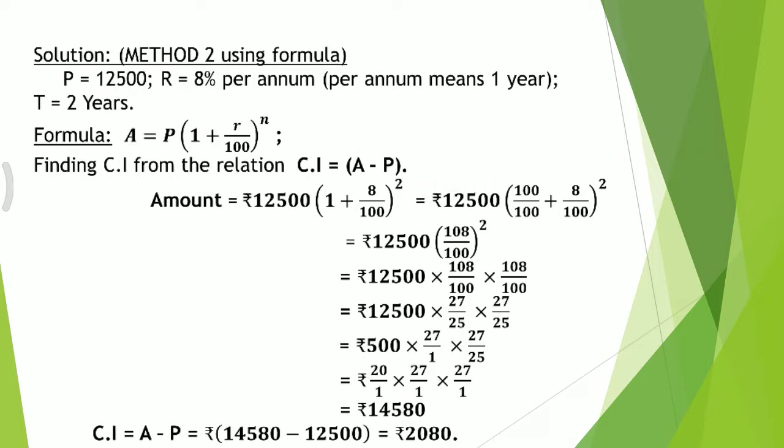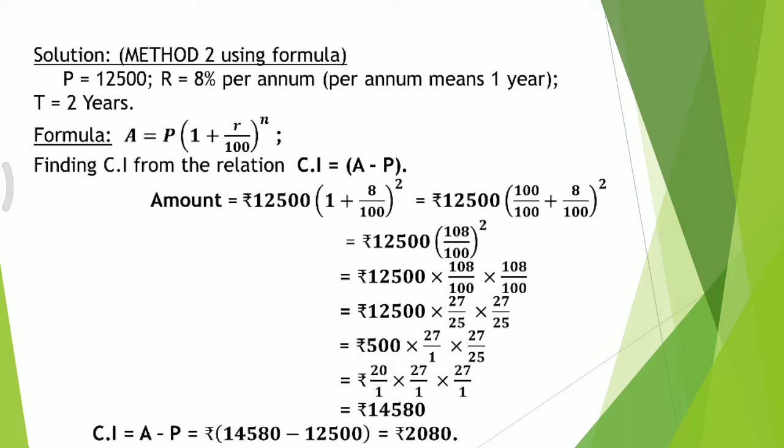The same thing we can do using the formula. Directly we can apply the formula and we can do it. Here the same concept we are going to use. Principal 12,500, rate is equal to 8% per annum, and time duration is 2 years.